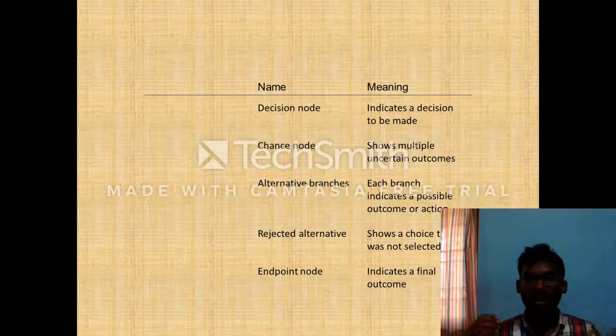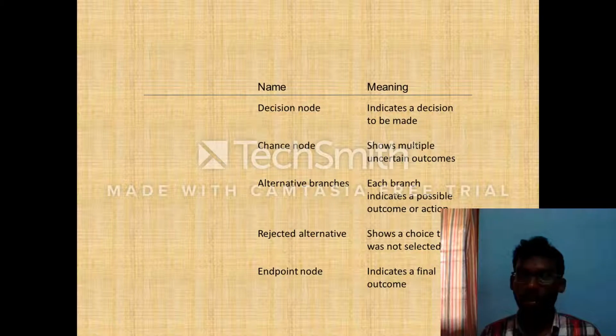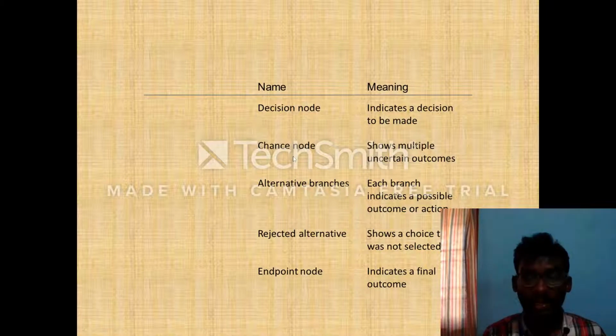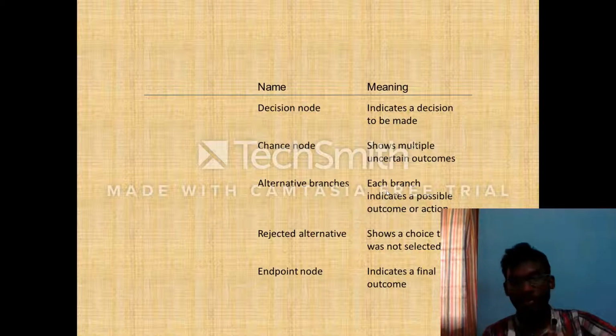To see the types of decision tree elaborately, the decision node indicates the decision to be made. Then, from the decision node we can see an alternative or a rejected alternative. The chance node shows multiple uncertain outcomes. In alternative branches, each branch indicates a possible outcome that can be chosen by an individual or an organization.